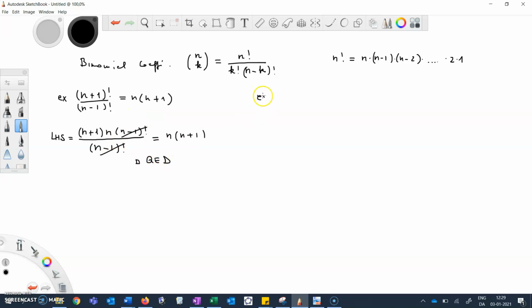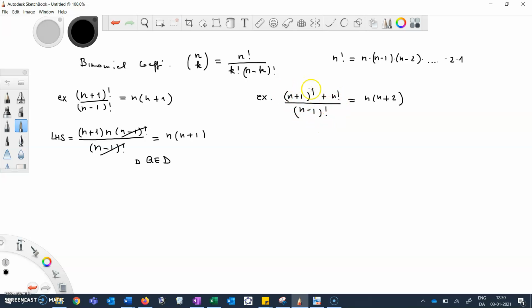The second one that I wanted to show you is this one. We're going to prove that n plus 1 factorial plus n factorial divided by n minus 1 factorial is equal to n times n plus 2. All right, so the way I'm going to do this is exactly the same as before.